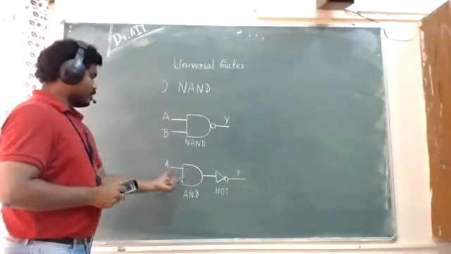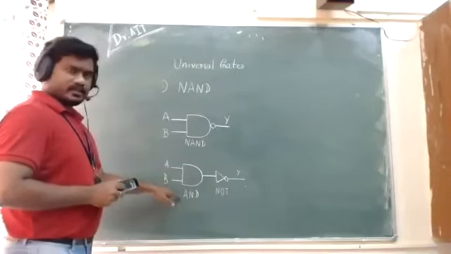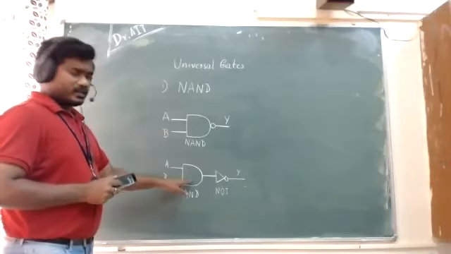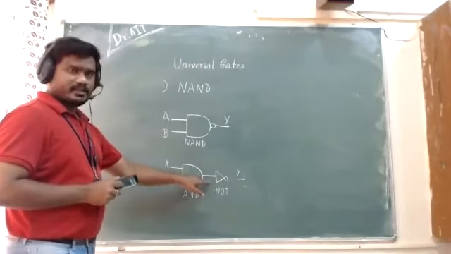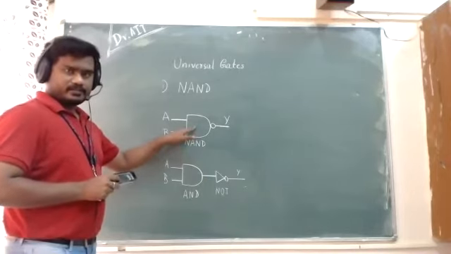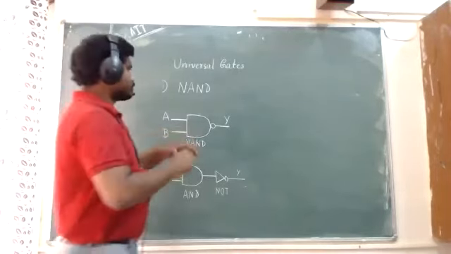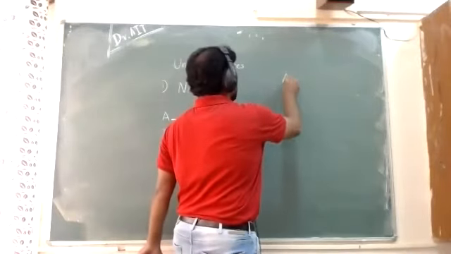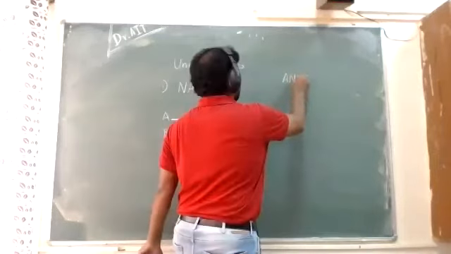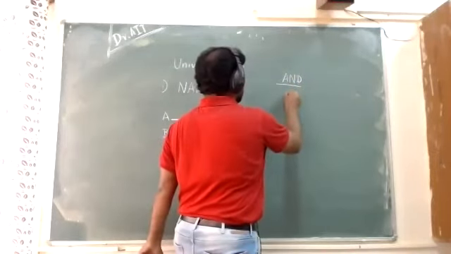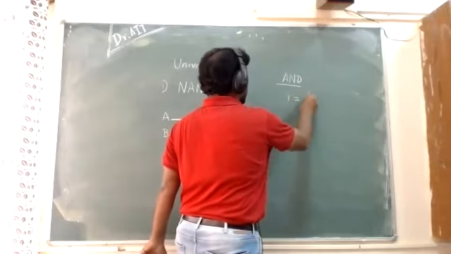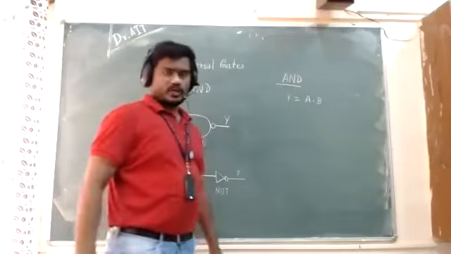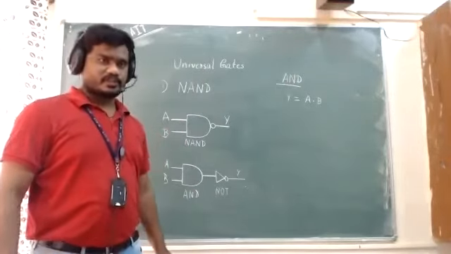Now we can look at this AND gate. If I complement the output of the AND gate, then I will get NAND gate. So what is the AND gate expression? The AND gate expression was Y is equal to A dot B, the logical expression.